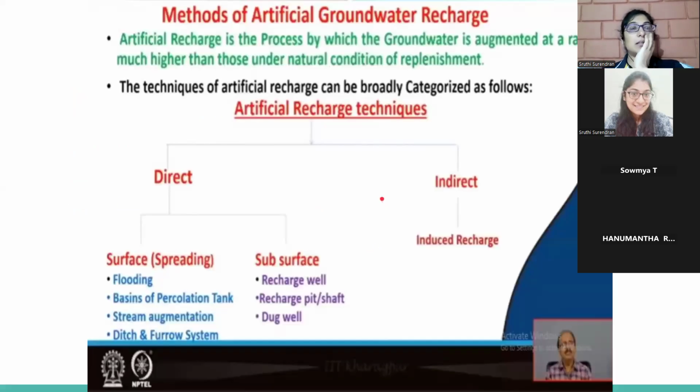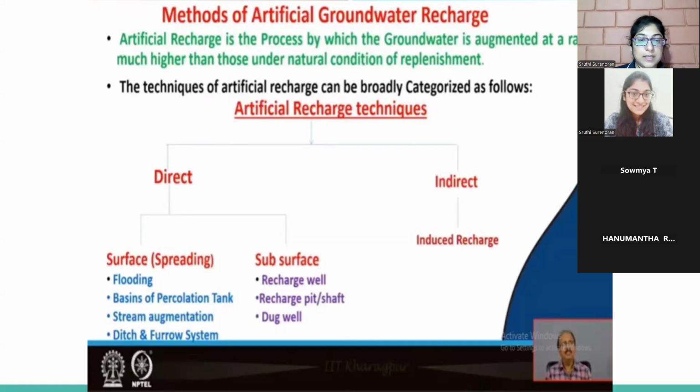So this is coming under methods of artificial groundwater recharge. If you remember in the last class, we had discussed about natural methods to recharge groundwater. Rainwater harvesting and all are artificial methods of recharge of groundwater. So that is broadly classified into direct and indirect methods.